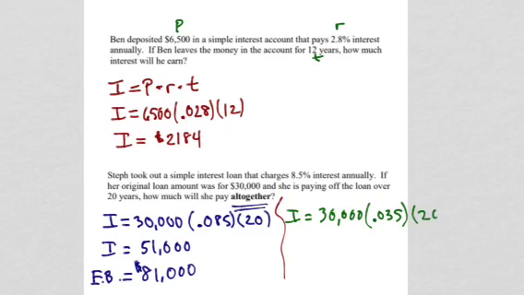And we'll keep it at 20 years. We'll see how big of a difference changing that makes. So if I take that 30,000 times 0.035 and then keep the 20 years, I end up with a $21,000 interest payment, meaning the ending balance $51,000. I still saved $30,000. That's how important that interest rate is.